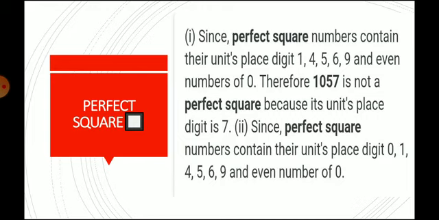In the first step, we check the units place. That is 7, but there is no 7, because of this it is not a perfect square. Since perfect square numbers contain their units place digit 0, 1, 4, 5, 6, 9 and even numbers of 0.